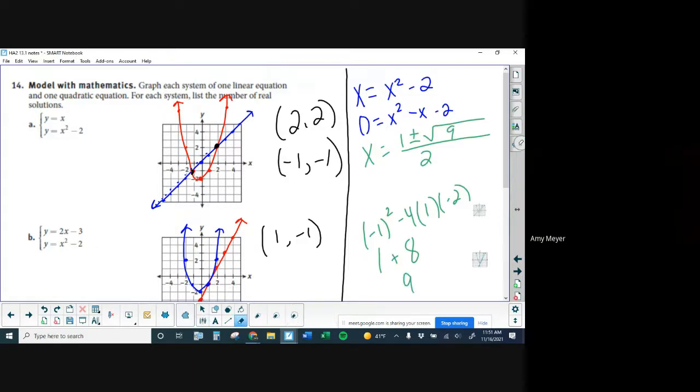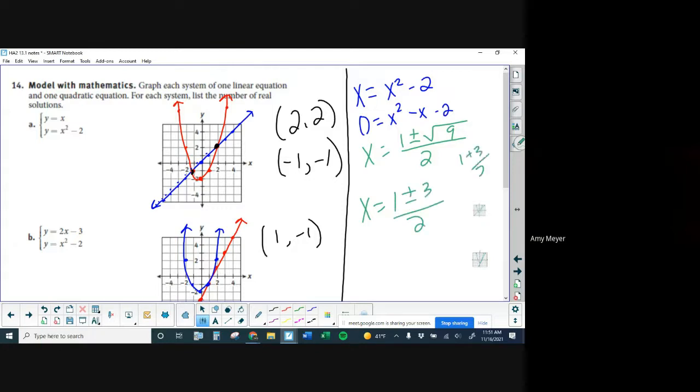That's a good discriminant because that's a perfect square. So that's going to be 1 plus or minus 3 over 2. 1 plus 3 over 2. 1 minus 3 over 2. 1 plus 3 is 4 over 2 is 2. 1 minus 3 is negative 2 over 2, which is negative 1. Can be done either way. Notice my discriminant was 9, which is a perfect square. So I'm going to get 2 answers that are real and rational.